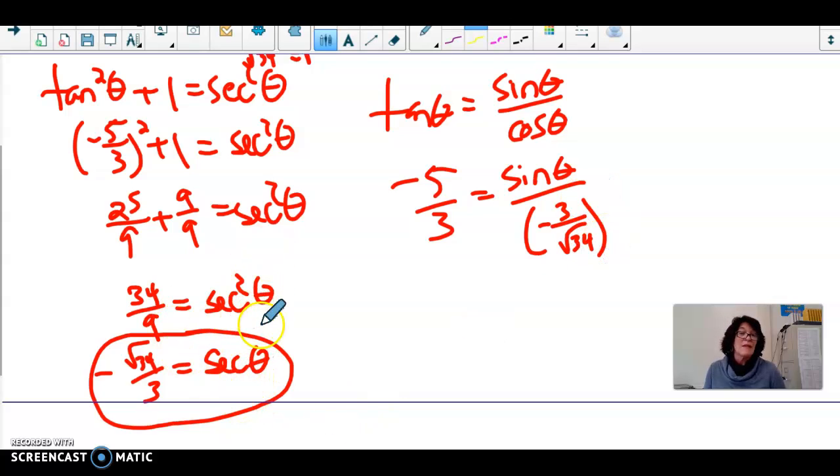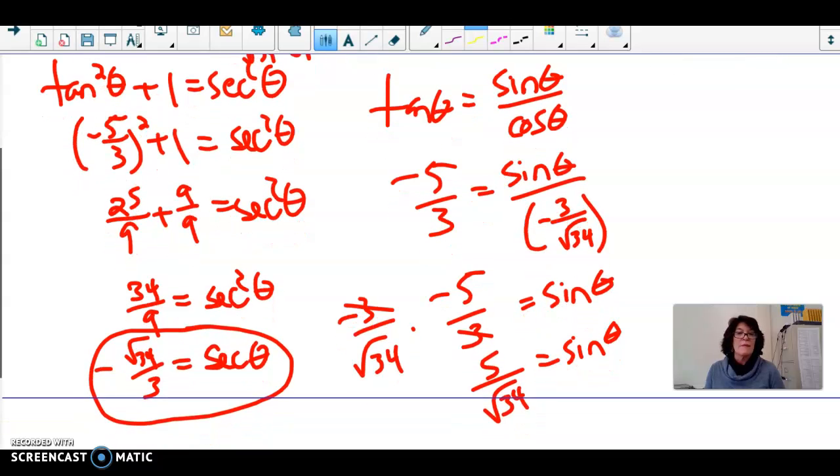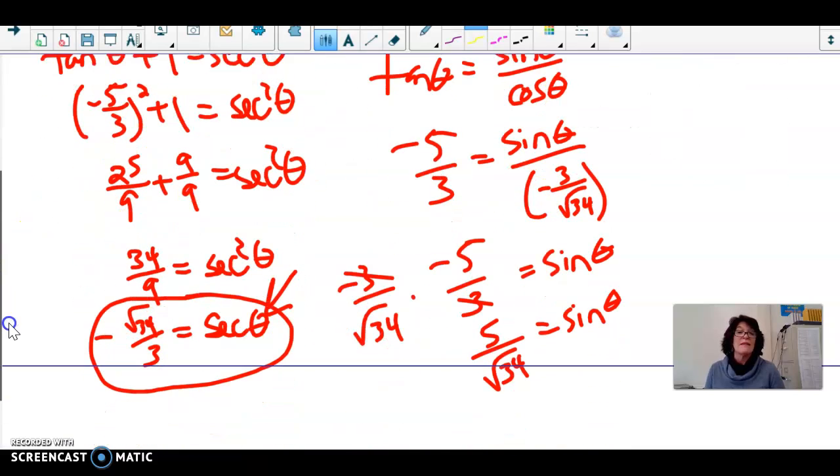So now I can find sine by multiplying both sides by negative 3 over the square root of 34. Cancel, and I get positive 5 over the square root of 34. And I might write that as 5 square root of 34 over 34, if I want to rationalize the denominator. Since tangent was sine over cosine, and since I found secant, I also found cosine, and then I could do that.